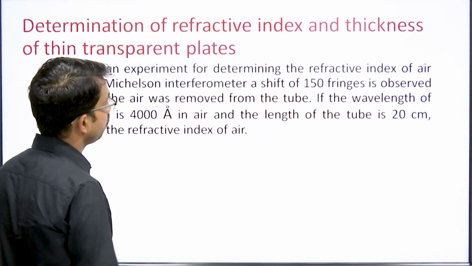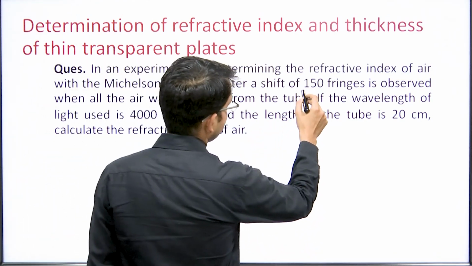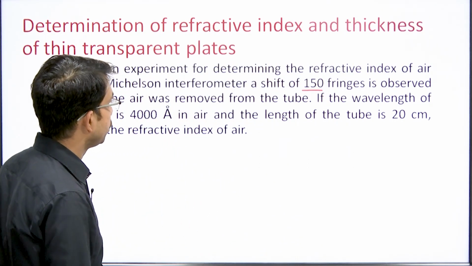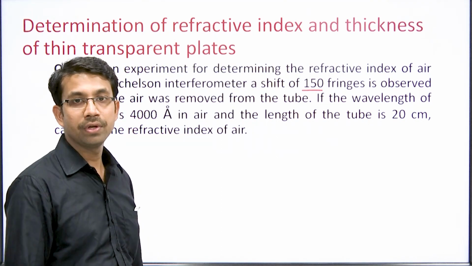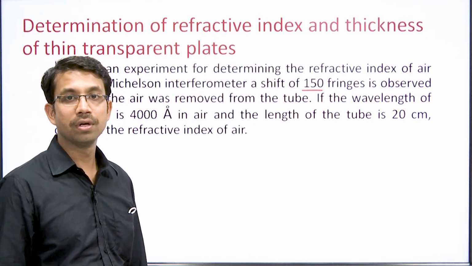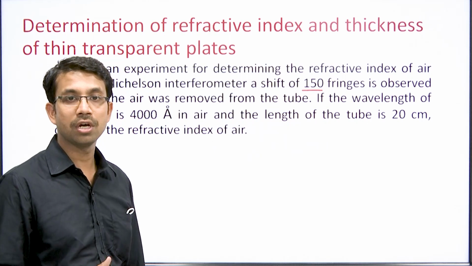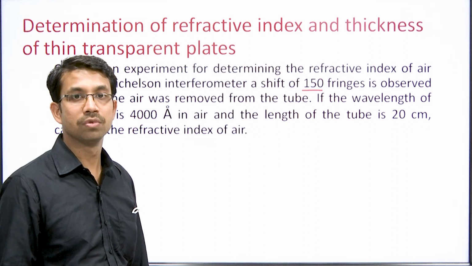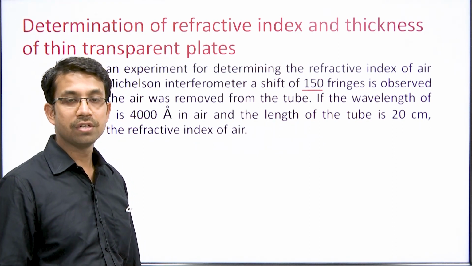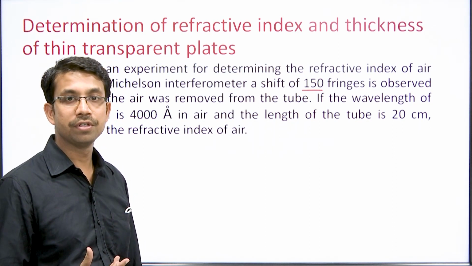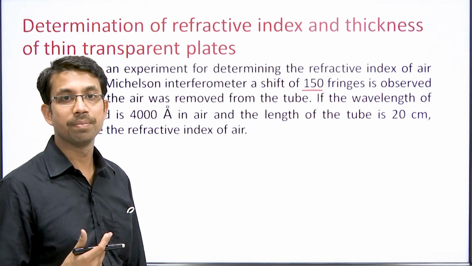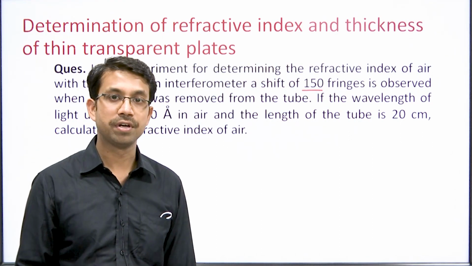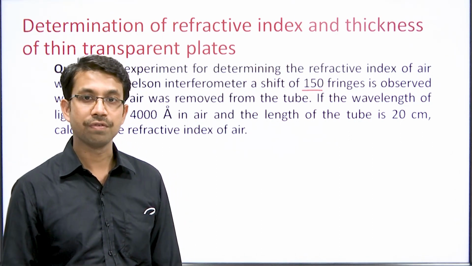Using Michelson interferometer, a shift of 150 fringes is observed when all the air was removed from the tube. Okay. So, what we are doing, we are inserting a tube in one of the arms, and for that arm we are removing the air, and now there is vacuum. Okay. So, we shall see how many fringes are shifted. We can find out the path difference, and if we find out the path difference, due to this we can easily find out the refractive index of air.